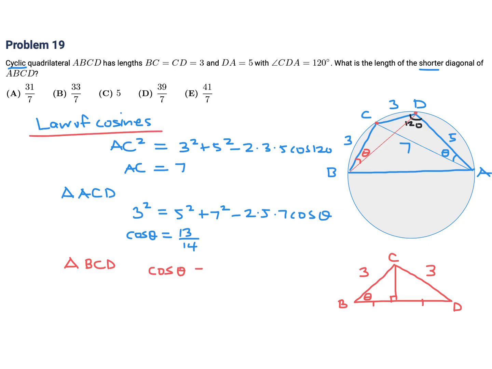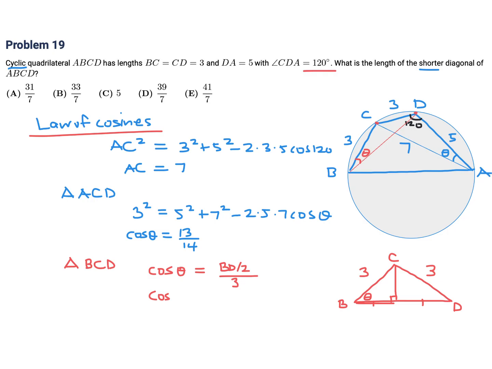Cos of theta would be adjacent. So that would basically be BD over 2, this part, over 3. Correct? So cos of theta would be, well, first of all, theta we know is 120. So that's cos of 120.